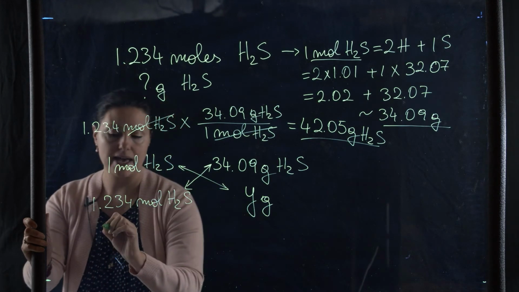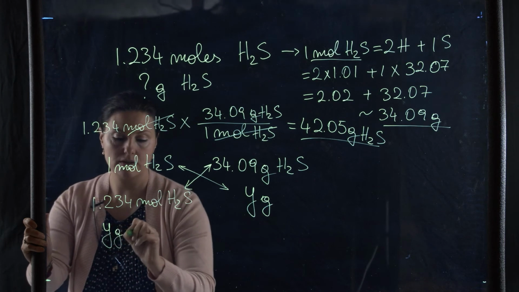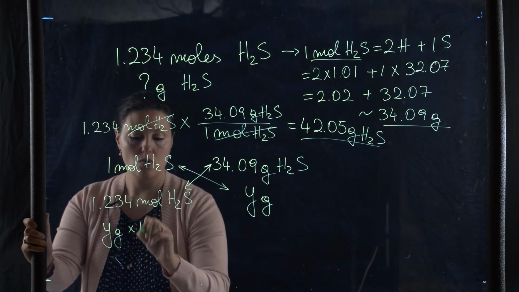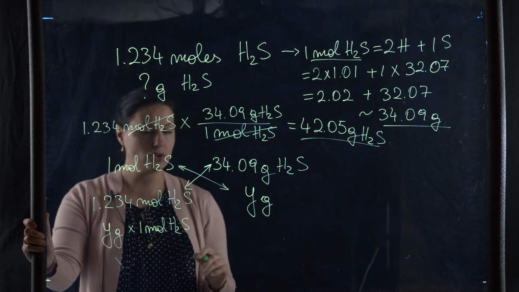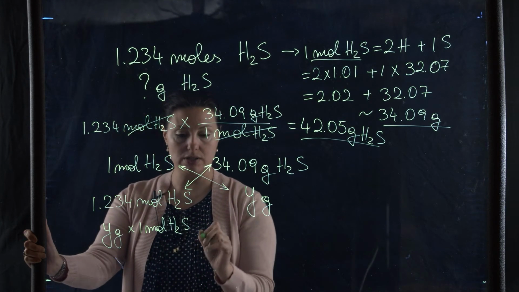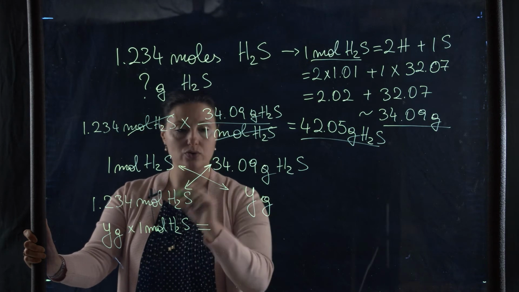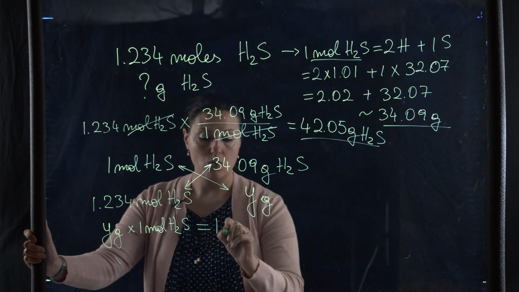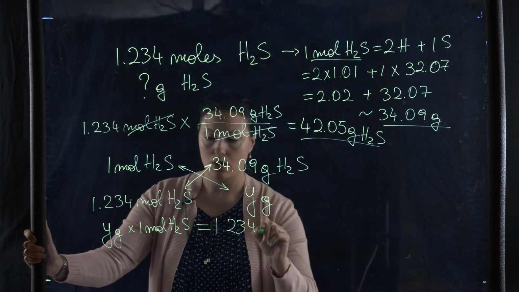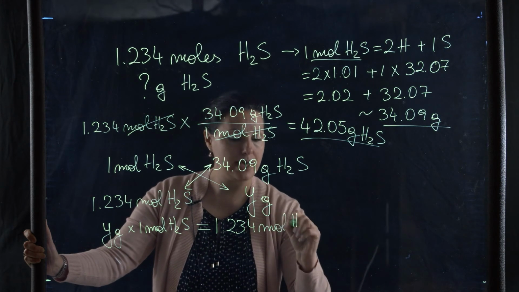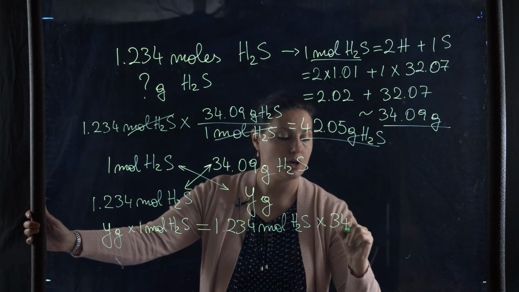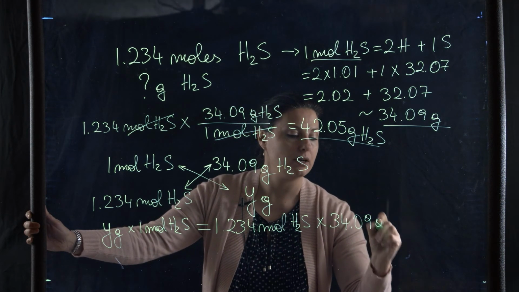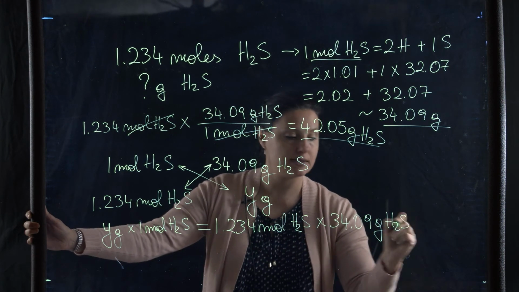On this side, I have Y grams times 1 mole of H2S. Do not forget the units because they're very important. I set that equal to my other cross product, 1.234 moles of H2S multiplied by 34.09 grams of H2S.